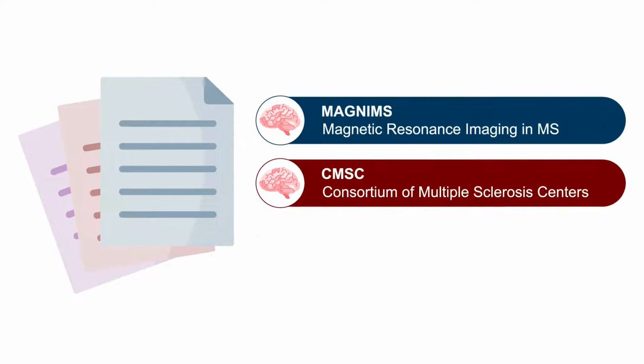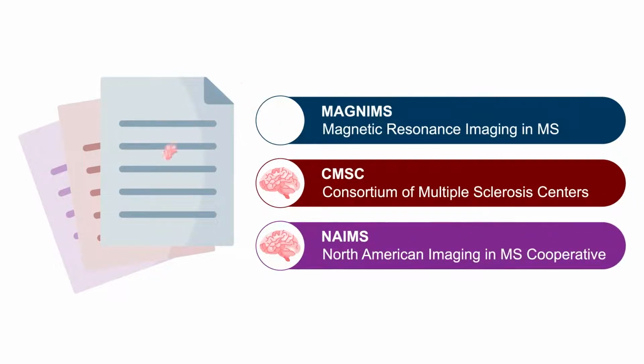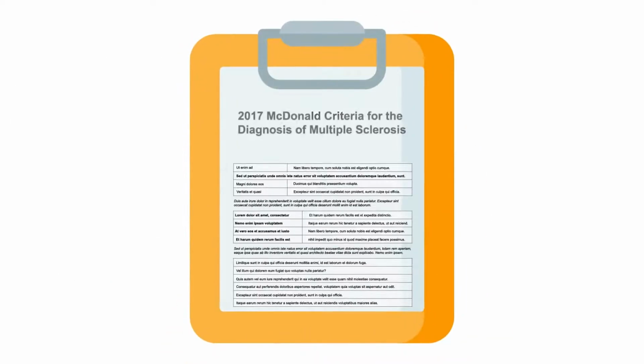Consensus guidelines for the use of MRI in multiple sclerosis were recently issued by MAGNIMS, the CMSC, and NAMS. Using shared research findings, these groups have combined separate recommended protocols to make them united, simplified, and practical. The 2021 guidelines incorporate the 2017 McDonald Diagnostic Criteria.